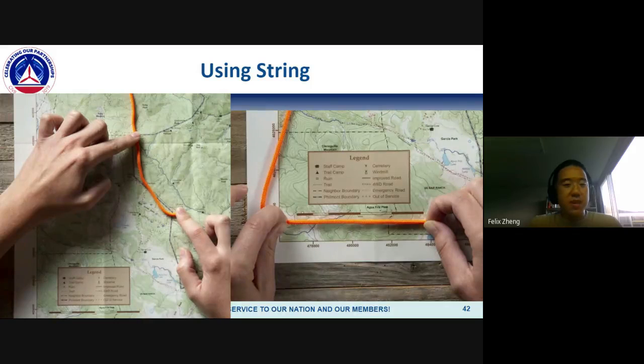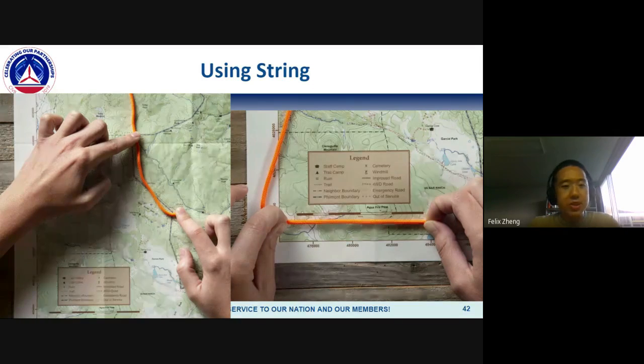Another method of measuring distance: you can see in these two pictures that the person is trying to find the distance along what looks like a road or a trail. If you look at the key, it probably is the boundary of a camp or something like that.